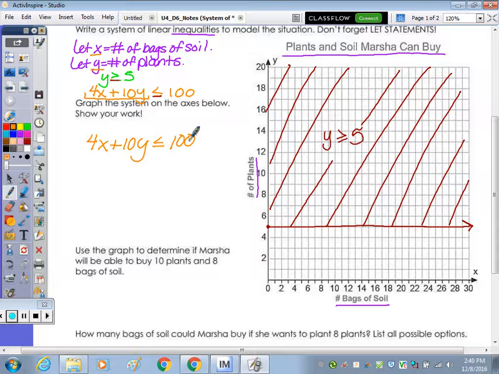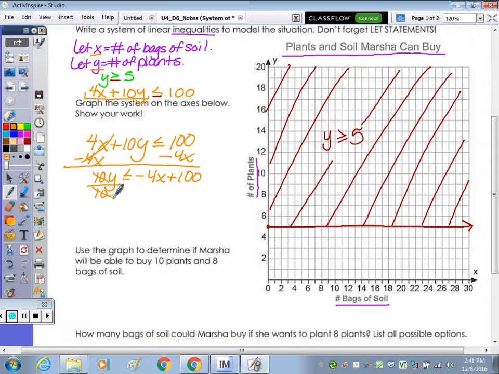The other inequality is not in terms of y is or y equals. So we have to isolate y for the next one. To isolate y, the first thing we want to do is subtract 4x. We'll have 10y is less than or equal to negative 4x plus 100.